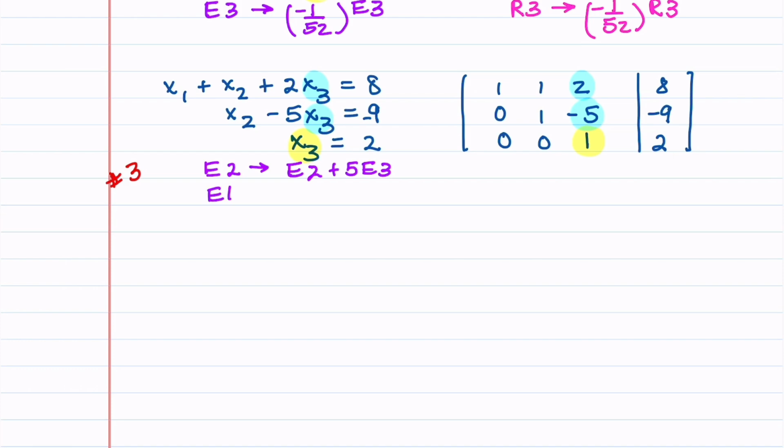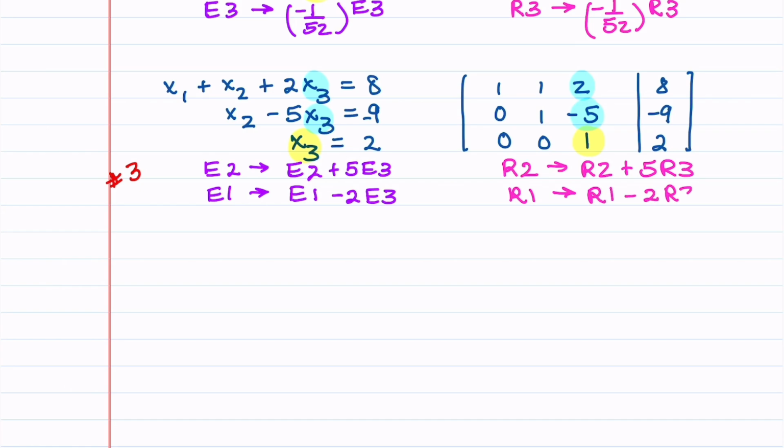Likewise, equation 1 is going to become equation 1 minus 2 times equation 3. For our augmented matrix, our row 2 is going to become row 2 plus 5 times row 3. And then our row 1 is going to become row 1 minus 2 times row 3.